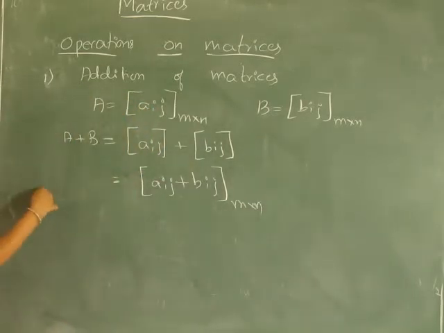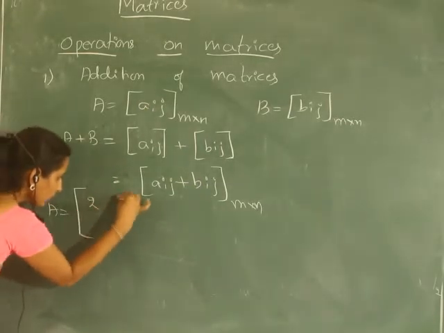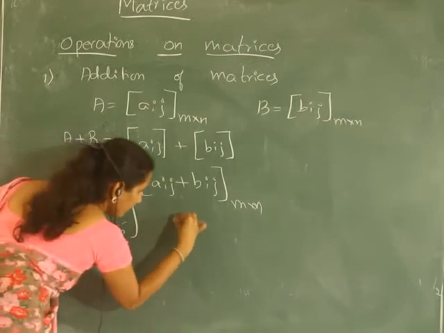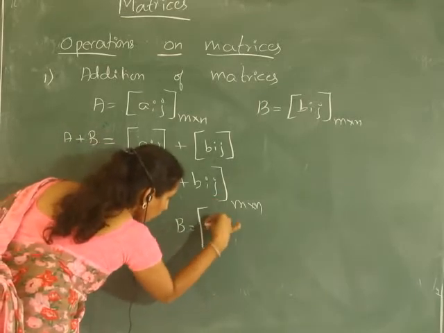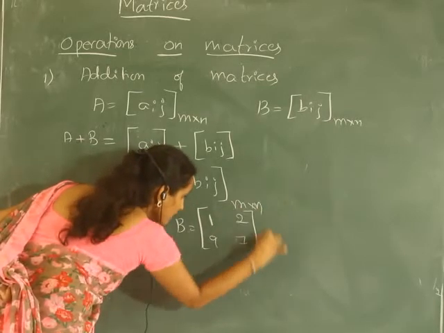Therefore, consider an example: A is equal to 2, 3, 4, 5 and B is equal to 1, 2, 9 and 7.